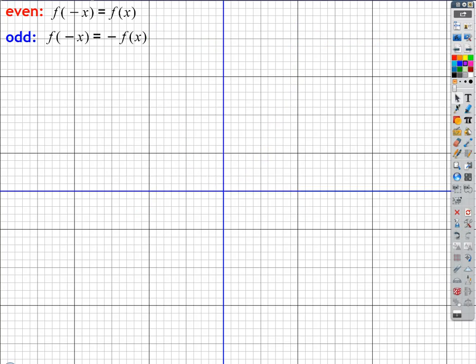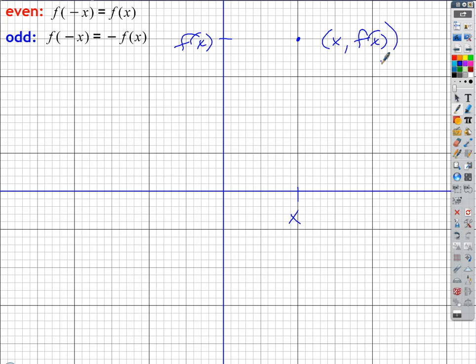Let's try this guy. What does this say? Same deal. I'm going to go over some distance x, and let's say that maps us up here to f of x. So my point has coordinates over x, up f of x. What does odd symmetry say?